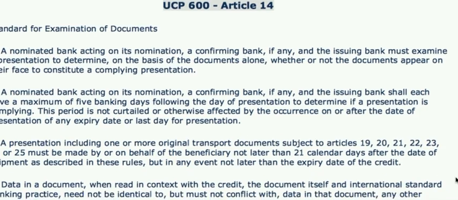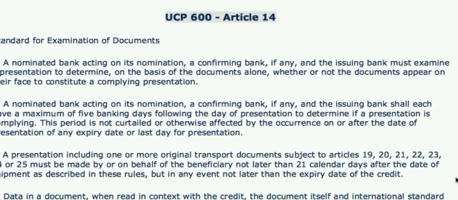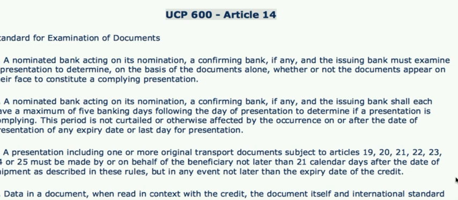Then Article 14. This is very important. This is about the examination of documents. As per UCP 600, a time frame has been given for examination of documents. Before UCP 600, it was 7 days, and that too was 7 working days.